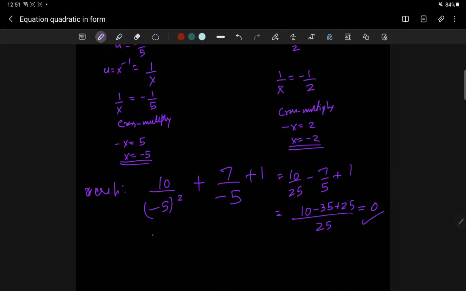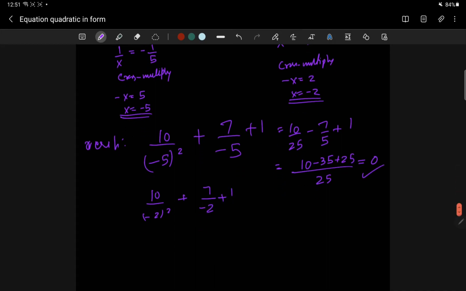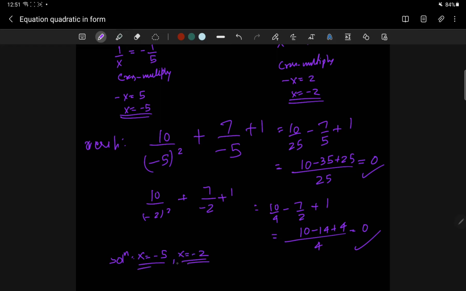So that works out. 10 over negative 2 squared plus 7 over negative 2 plus 1. That's 10 over 4 minus 7 halves plus 1. That's 10 minus 14 plus 4, which is 0. That works out as well. So the solution is going to be x equals negative 5 and x equals negative 2.